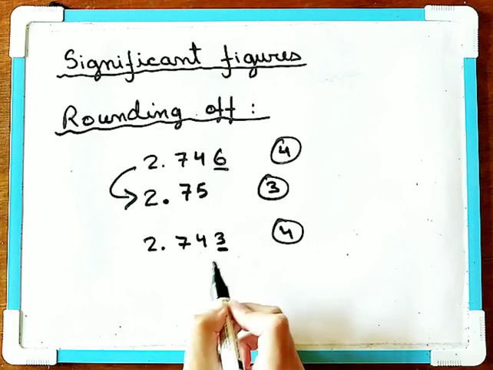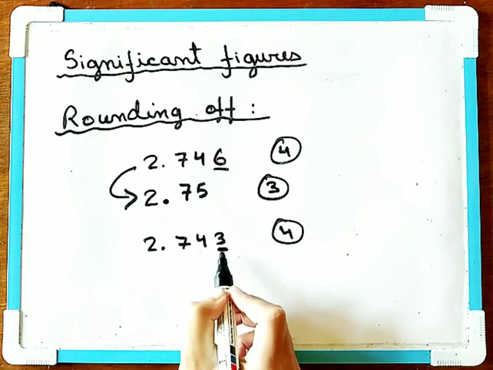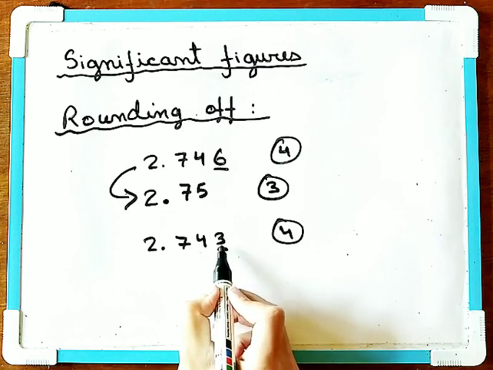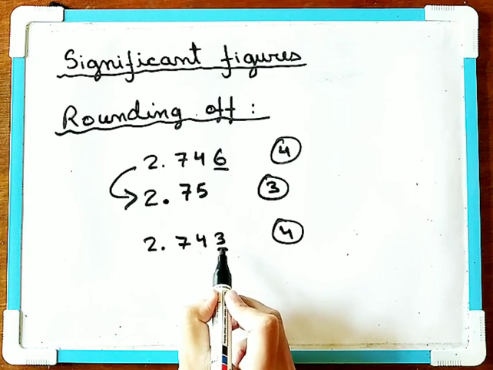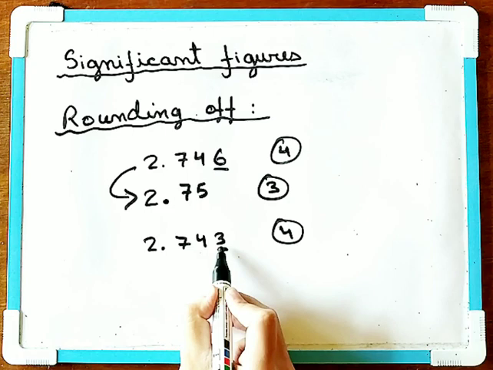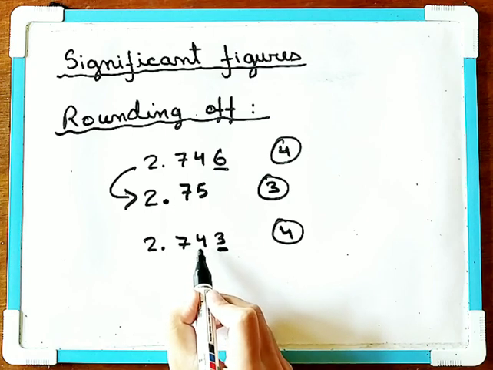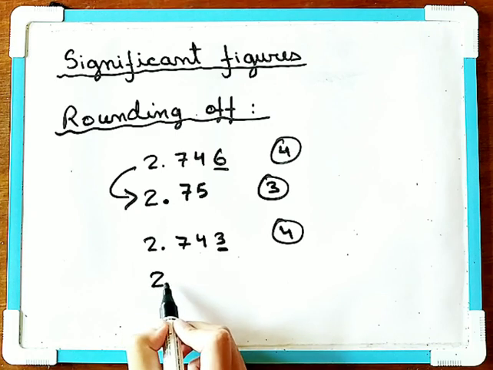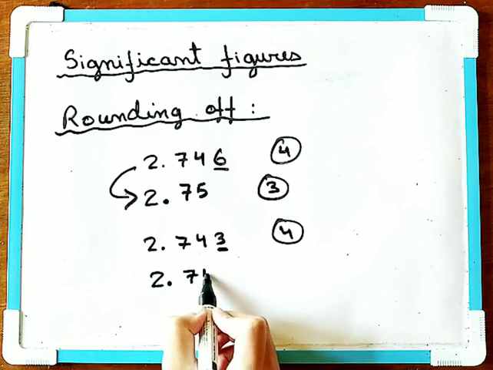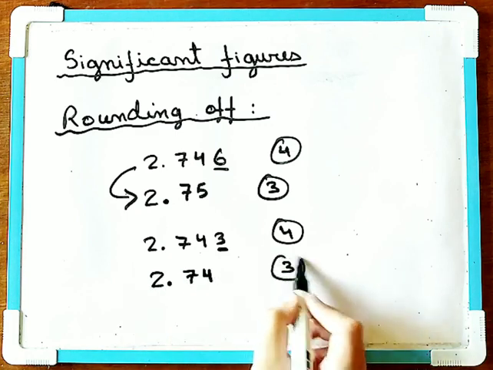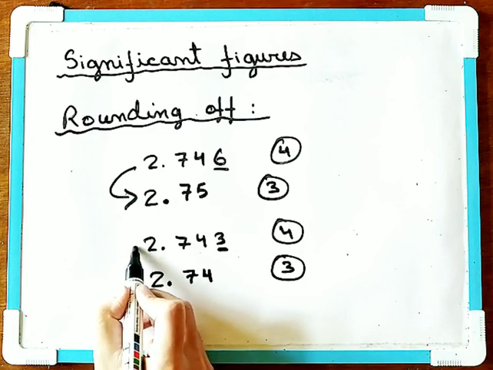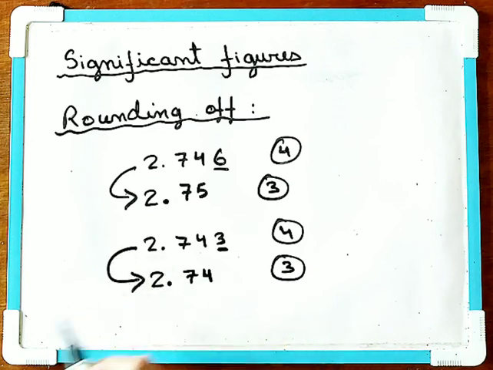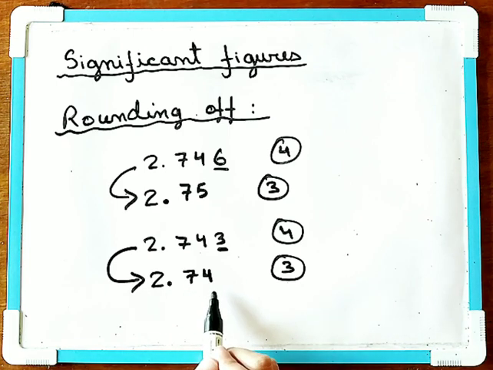Since this 3 is less than 5, this digit you just leave as it is. So if you round it off to 3 significant figures, it will be 2.74. This has 3 significant figures.